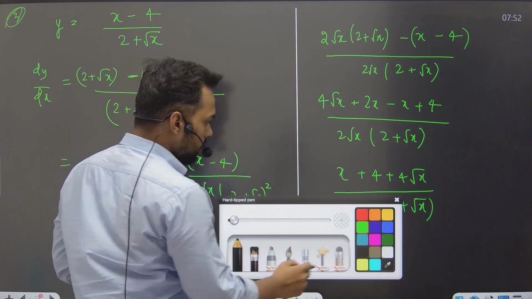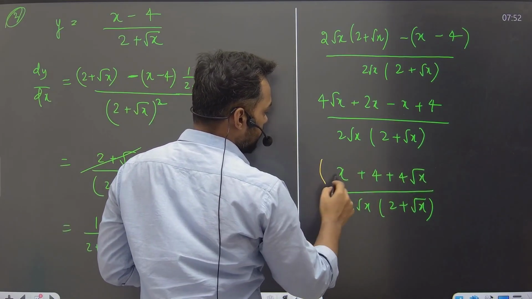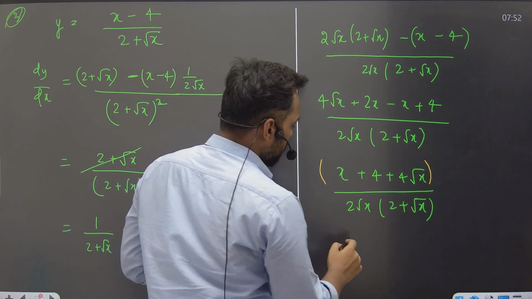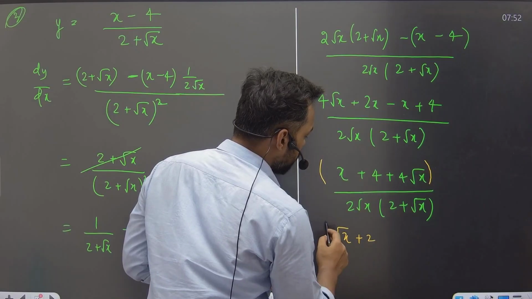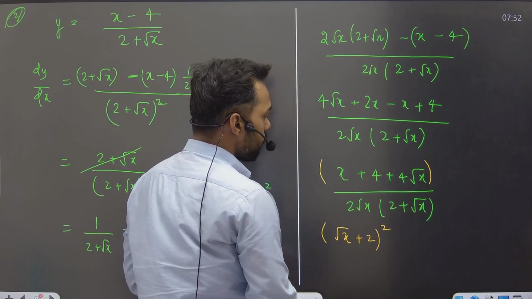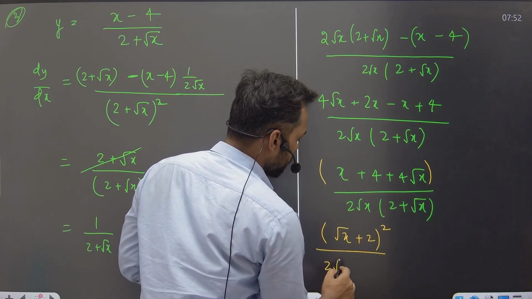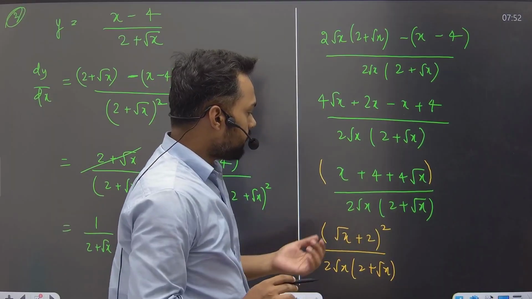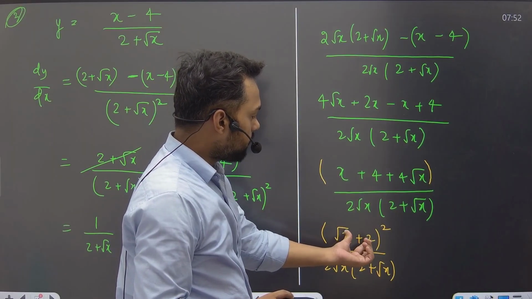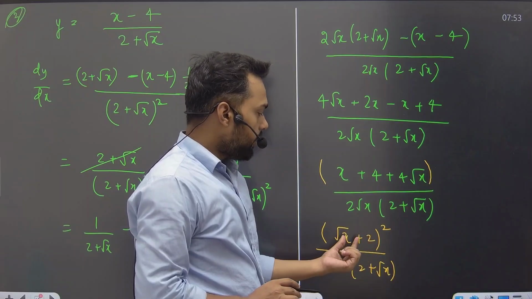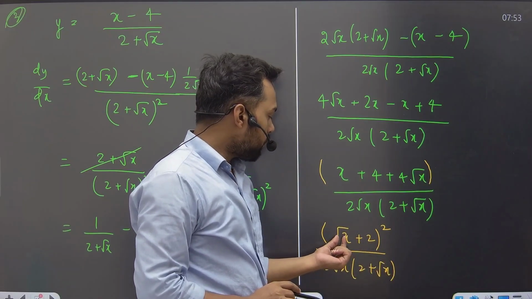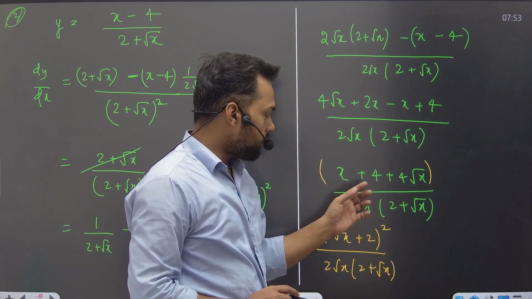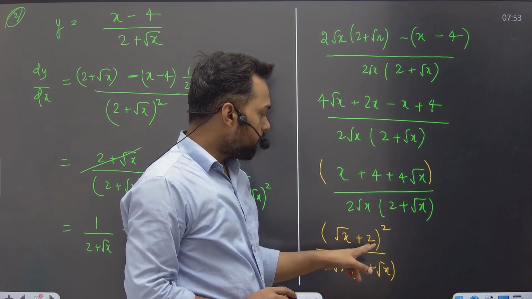Now the function in the numerator is the square of (root x plus 2). How can I say this? If you want to open this function, what will we get? a square plus b square plus 2ab. So root x square will be x, 2 square will be 4, and 2ab, 2 times a and b, is 4 root x.